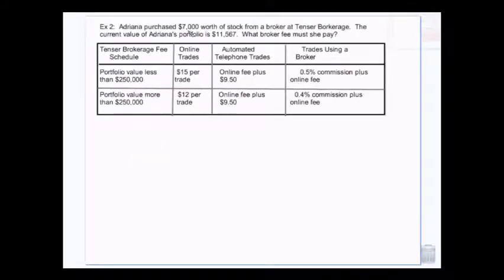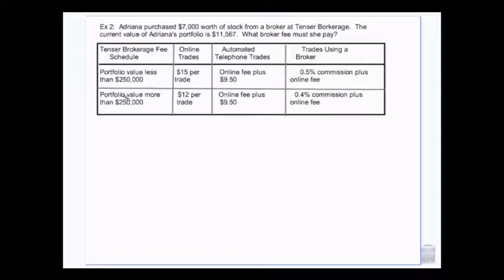Adriana purchased $7,000 worth of stock from a broker at Tensor Brokerage, and the current value of her portfolio is $11,567. As I was saying, some places charge different percentages and fees based on your portfolio or based on the stock transactions. These charge more money if you have less money in there. So if you have less than $250,000, it's $15 per trade.